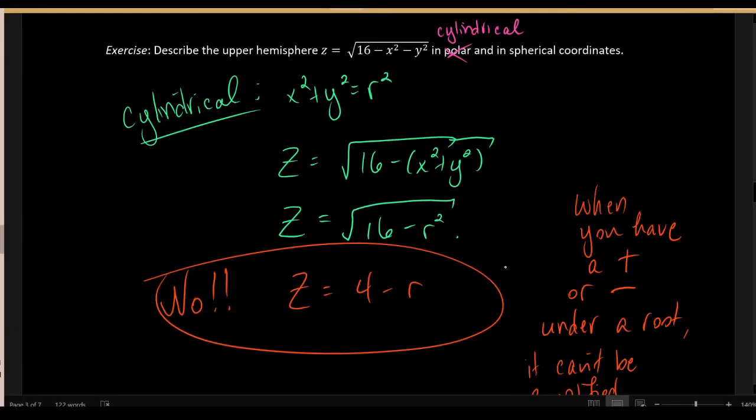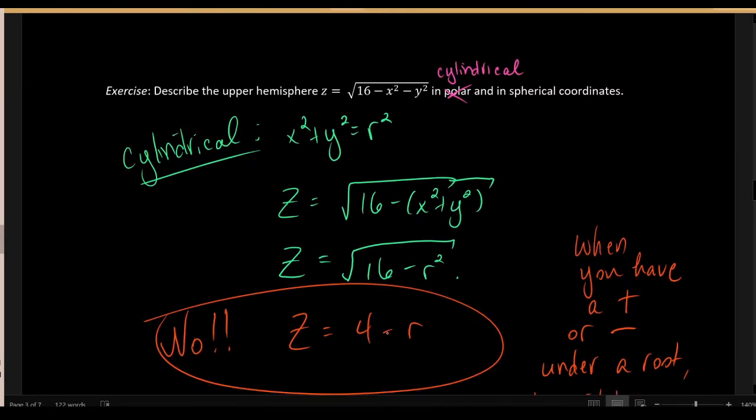Now, what if we were going to try and describe an upper hemisphere using spherical coordinates? For the spherical coordinate system, we're generally looking for the appearance of the quantity x squared plus y squared plus z squared, because we know that that can be converted to rho squared in spherical coordinates.